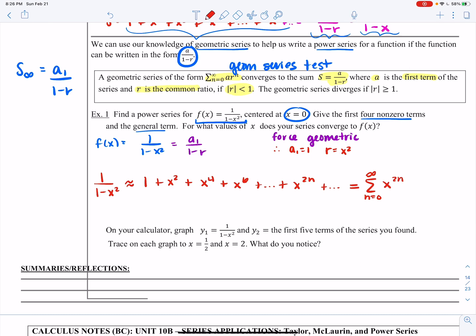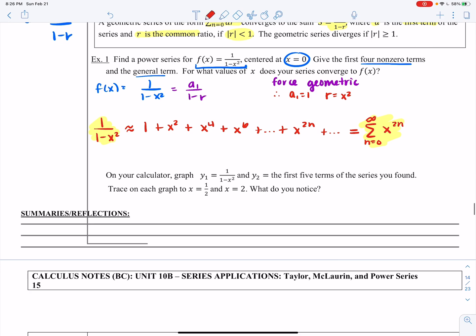to this series. So basically what I've just done is I've said, hey, this function is equal to this series. It's just a geometric series. And what do we know about all geometric series? We know that geometric series are going to converge when the absolute value of r is less than 1.